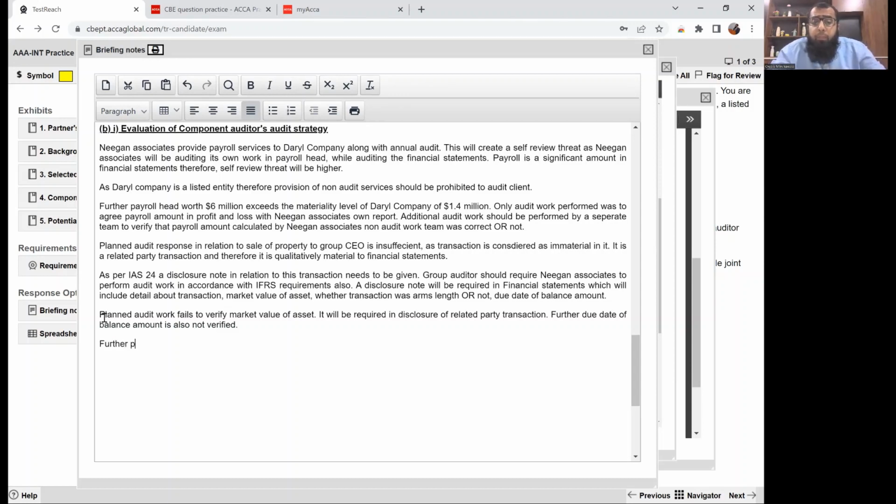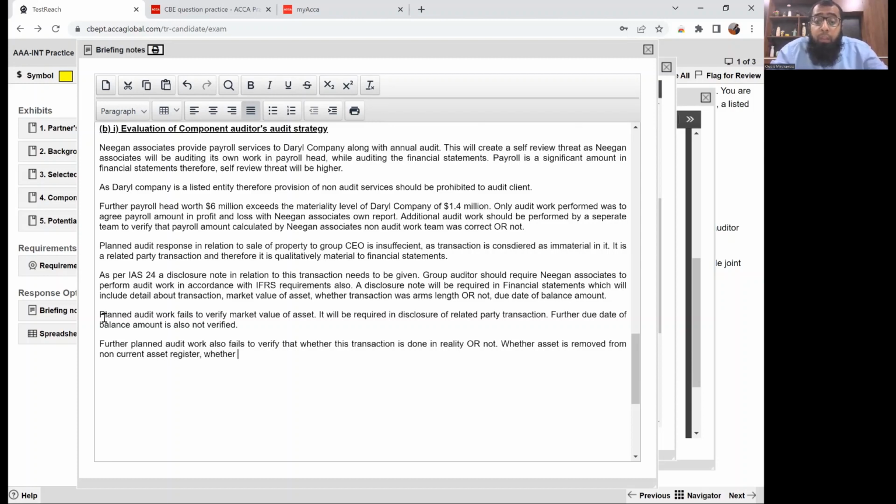Further, planned audit work also fails to verify whether this transaction is done in reality or not. Okay, whether the asset is removed from the non-current asset register.